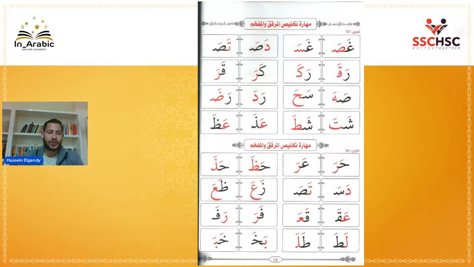Just write down if you have any questions, and let's discuss more, because the next pages in this book explain the same rule we're talking about right now, which is the skill of reading heavy and light letters when they are in the same word, two light letters, or two heavy letters, or, in most cases, both in the same word.